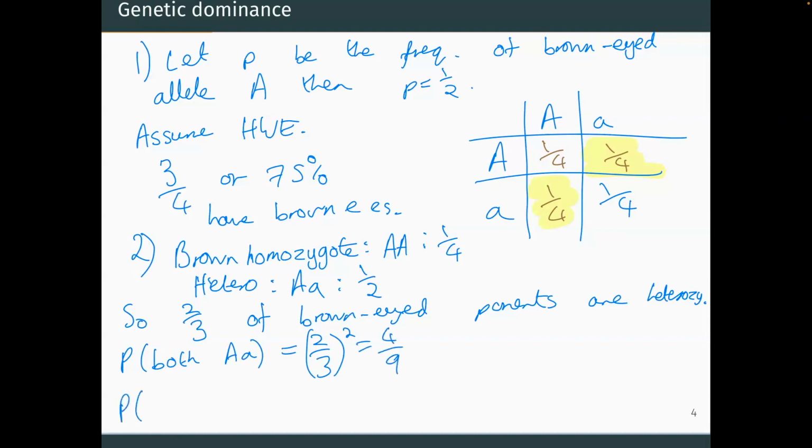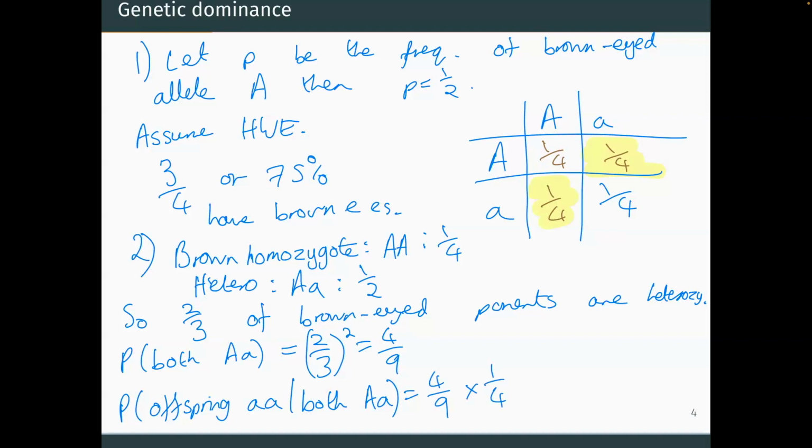And then the probability that our offspring is homozygous for the recessive allele, given that both parents are heterozygous, it's just going to be 4/9 times what? 1/4, right?